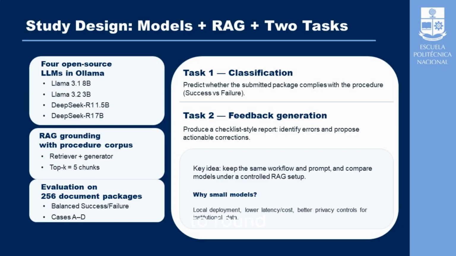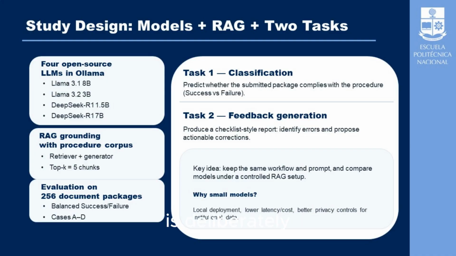RAG is used to run the models on the official mobility procedure documents. The study then evaluates performance on a curated dataset of 256 document packages balanced across success and failure labels and across the 4 application cases.